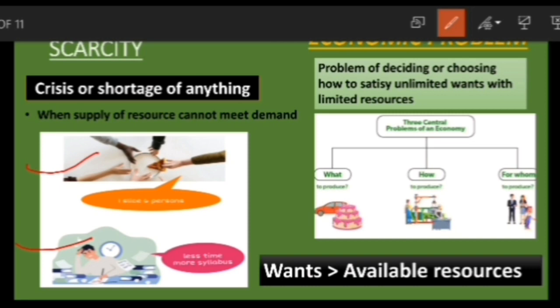So from these two examples, I hope the concept of scarcity is more clear to all of you. Just see the bullet written here. It explains that when supply of resources cannot meet demand, means जब resources की supply हमारी demand को meet नहीं कर पाती, fulfill नहीं कर पाती, उसे हम scarcity कहते हैं. Here also it shows when want is more than the available resources, it leads to scarcity.